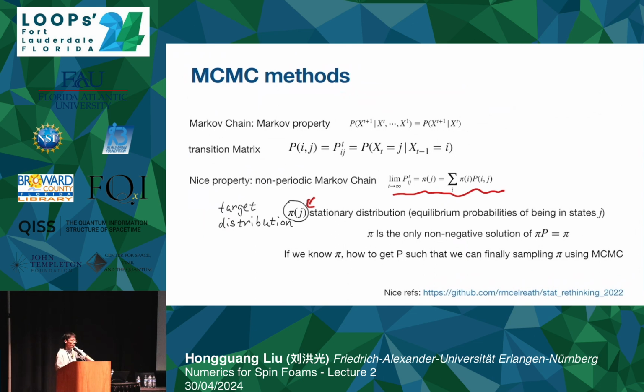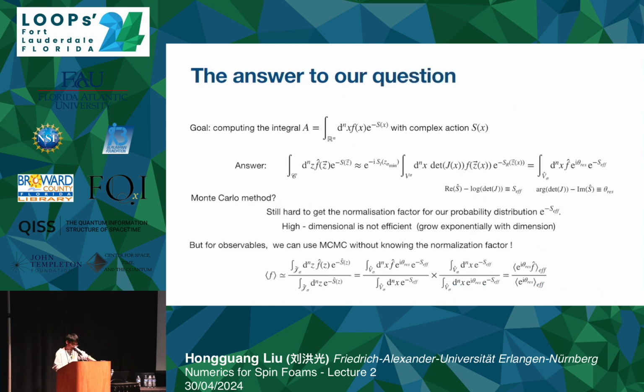So we have a certain stationary distribution, which after a sufficiently long time of evaluations, we have a good approximation of. And this distribution is our target distribution, nothing else but the probability distribution used to evaluate our observables.